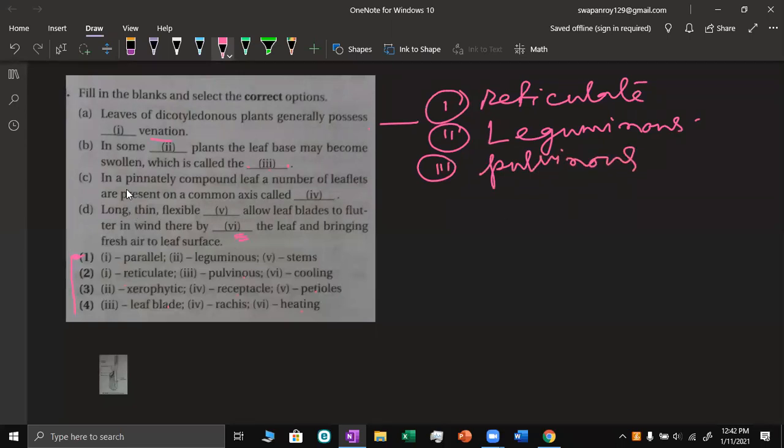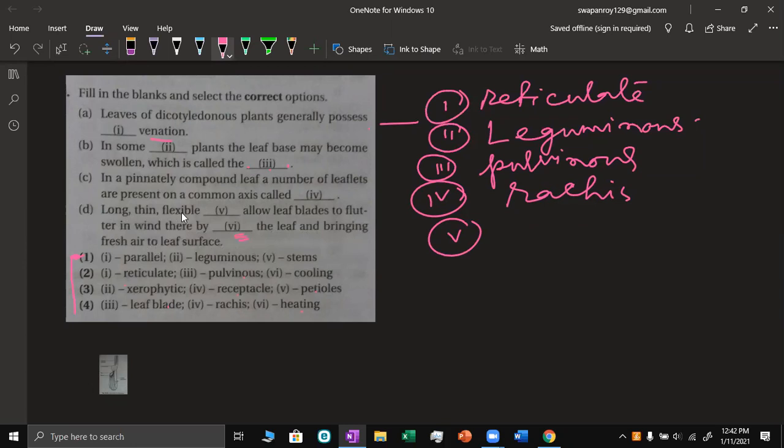Number four, in a pinnately compound leaf, a number of leaflets are present on a common axis called, that common axis is rachis. Number five, long, thin, flexible dash allow the leaf blade to flutter in the wind, thereby dash the leaf and bringing fresh air to the leaf surface.